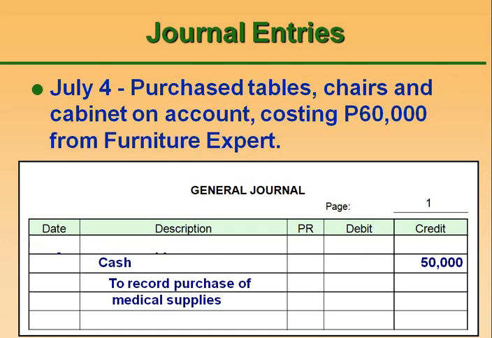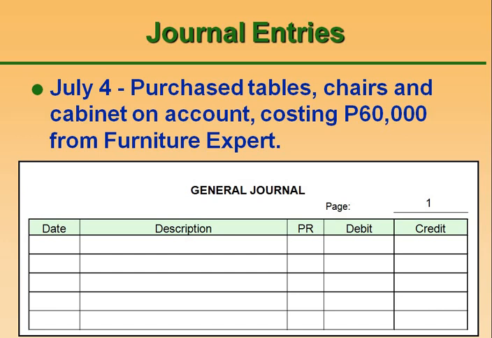Let's proceed to the next transaction, July 4. Purchase tables, chairs, and cabinet on account, costing 60,000 pesos from furniture expert. When you make this purchase, you increase your tables, chairs, and cabinet, right? But how are we going to record the increase?